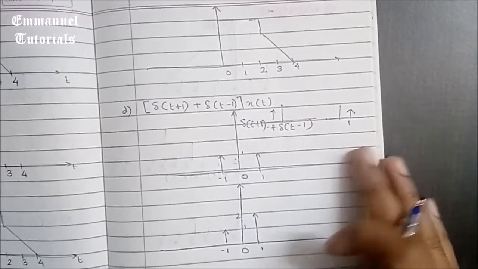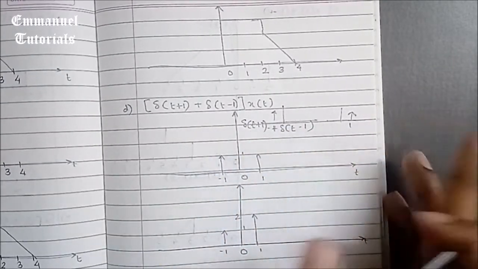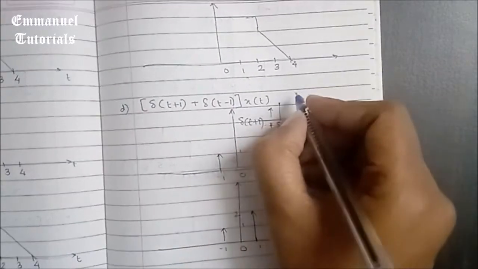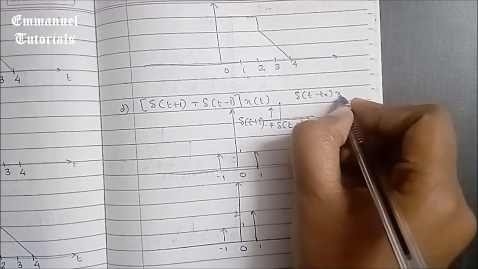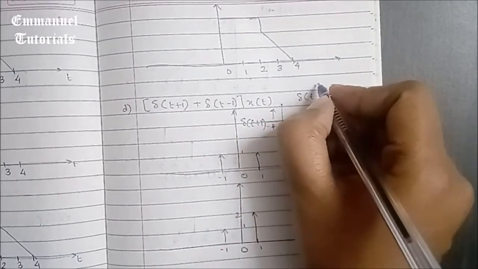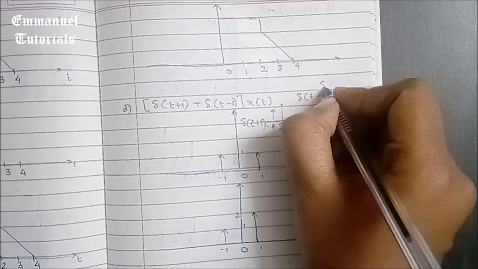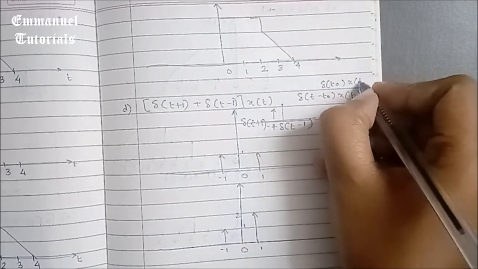And then you have to multiply it by x of t. For this, you can use the formula you already have: del of t minus t naught into x of t is going to give you del of t minus t naught times x of t naught.